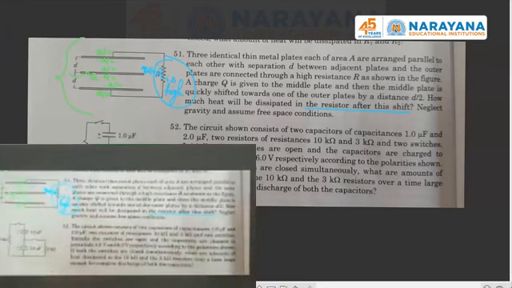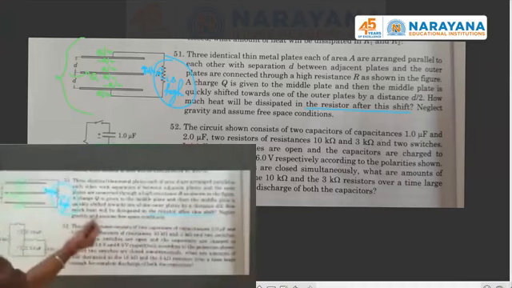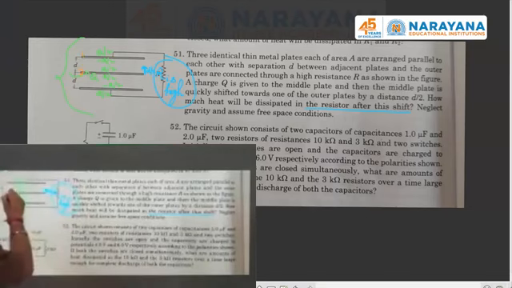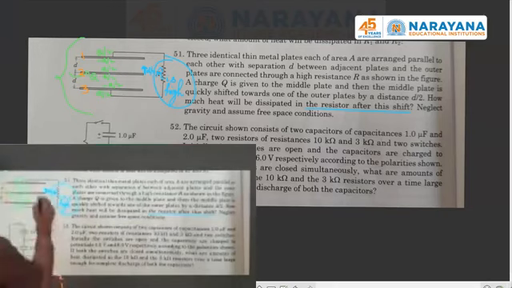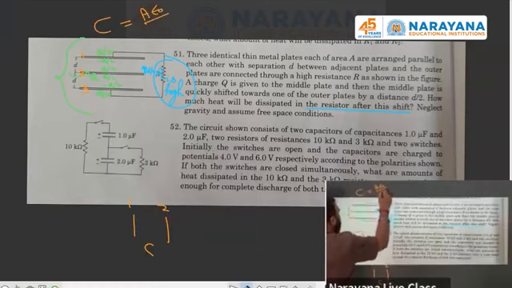Charge will move afterwards. In terms of circuit language, let me solve the way you people want to write it. Let me write. If this was 1, this was 2, this was 3, what I'm trying to say is, you are having this capacitance between 1 and 2. Let me call it C. Let me draw it, although you will understand that you don't need it. It is A epsilon naught by d.